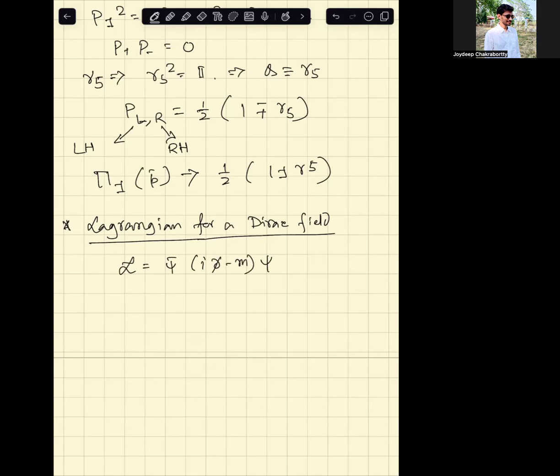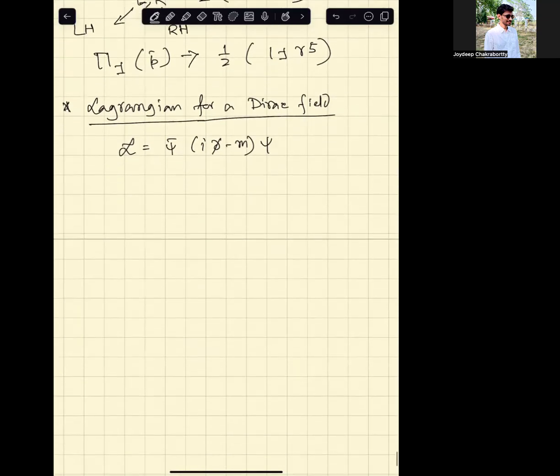Now you can ask me where are the spin indices? Here the spin indices are summed over. So if I write down explicitly the spin indices, this equation will look like psi bar alpha, then (i gamma mu alpha beta del mu minus m delta alpha beta) psi beta.